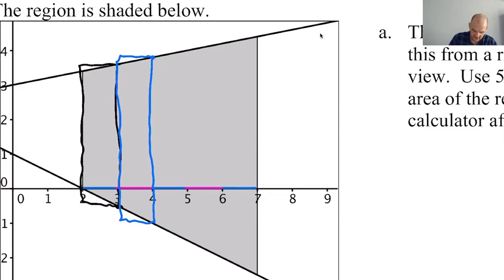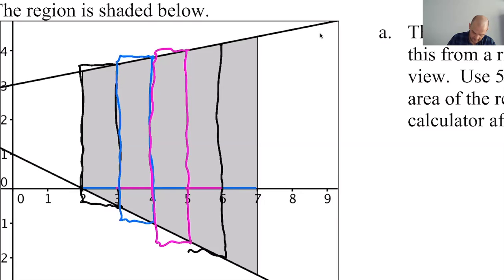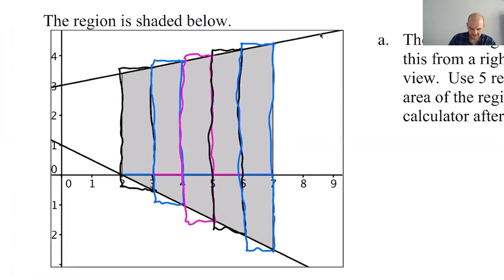For the next one, it's going to be top, take away bottom. Then we go over like this. If it was better at making rectangles, I would do it, but I'm just not. Then here, look at these perfectly drawn rectangles, utilizing all the technology that we have available to us. There we go, we have 5 rectangles.